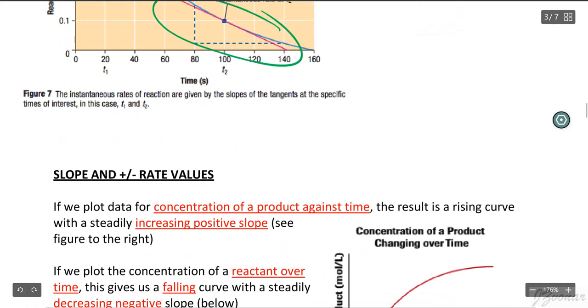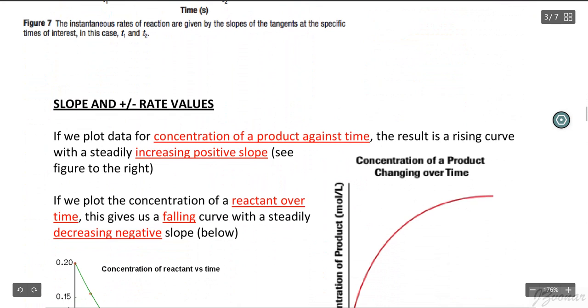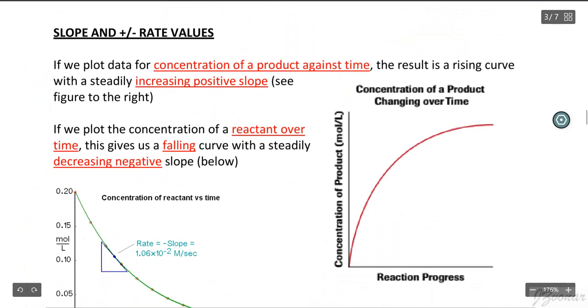Now, slope tells us a couple different things. We have to know how to interpret the slope and the positive, negative rate values. If we're going to plot the data for the concentration of a product against time, the result is going to be the opposite of the one that we just saw.